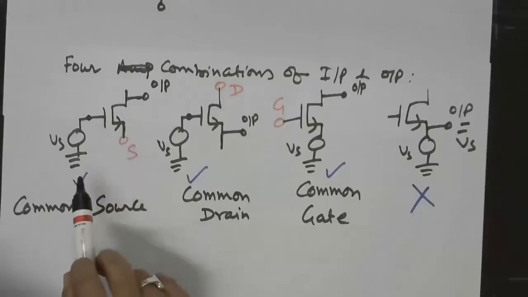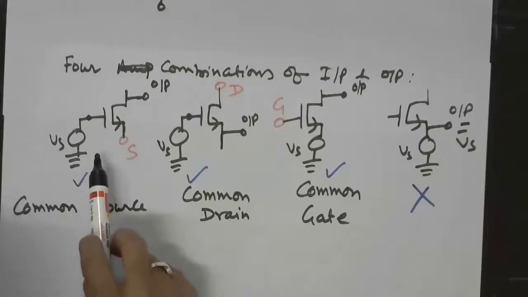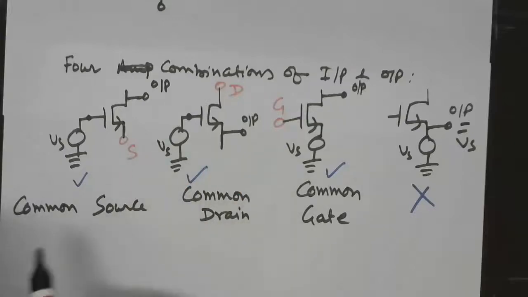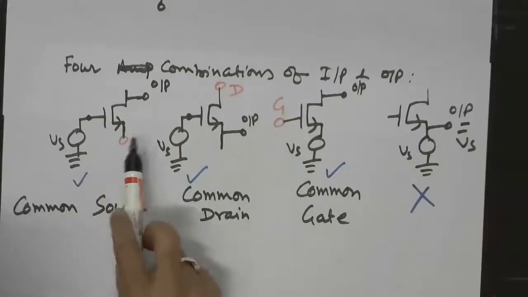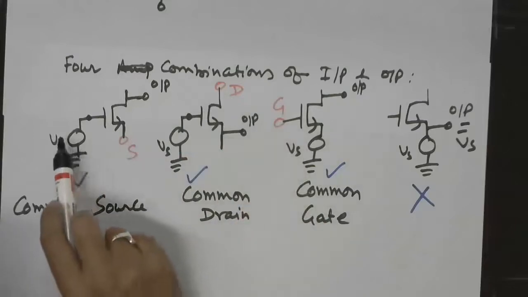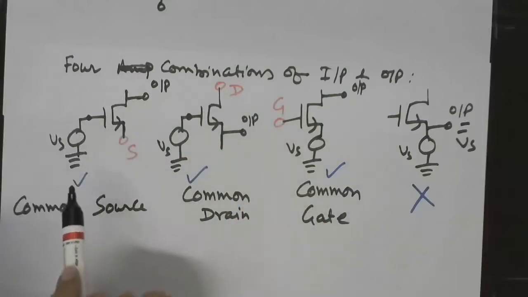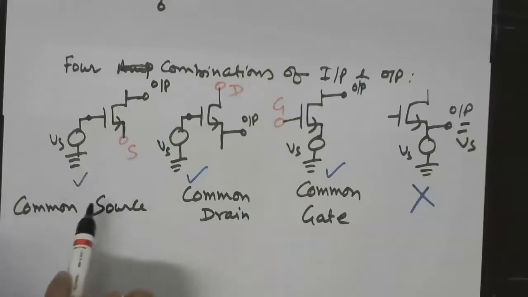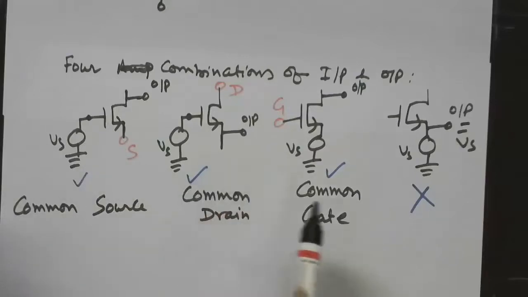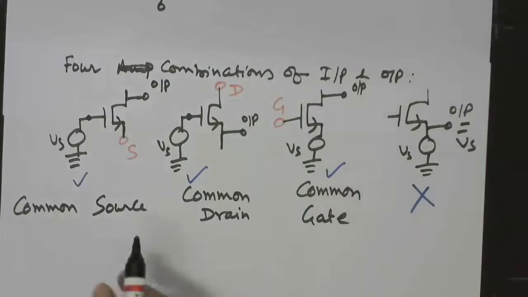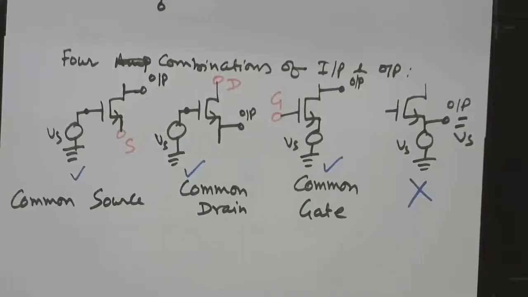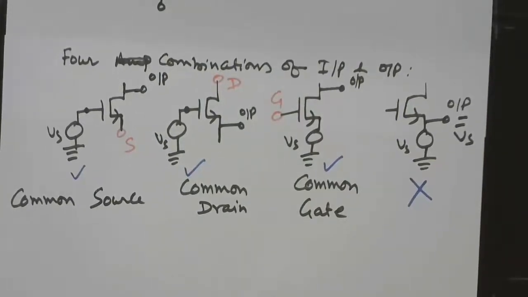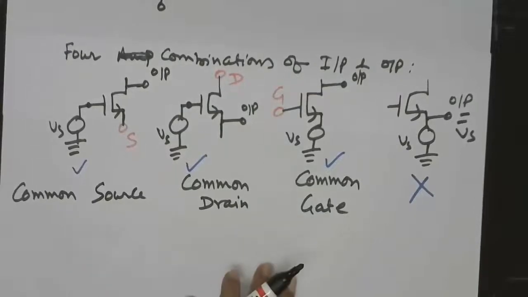However, if you try to figure out the nature of the amplifier in the given big circuit from this point of view, that which node is not being used in terms of input and output, then you will be immediately able to figure out whether it is a common source configuration or common drain or common gate configuration. So these are the three configurations which are used in real life, and these are the three names.